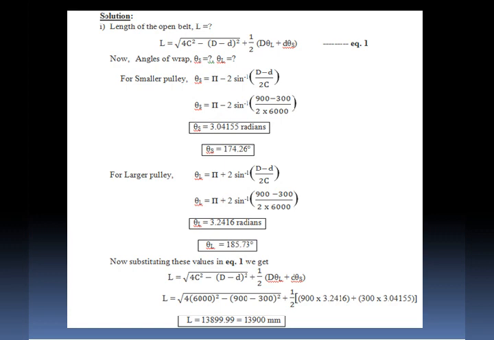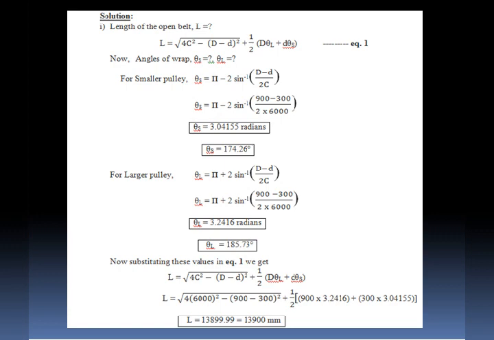Maybe you got some different value. The reason is the second term: 2 into sine inverse of that value needs to be converted into radians. So you must multiply that whole second term by pi by 180. Obviously then you are going to get the result in terms of radians.